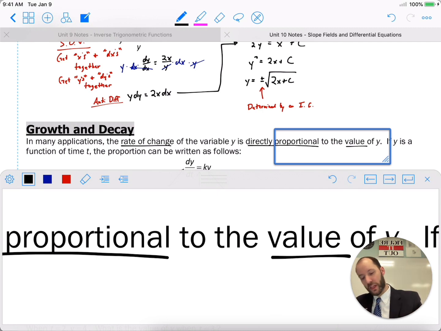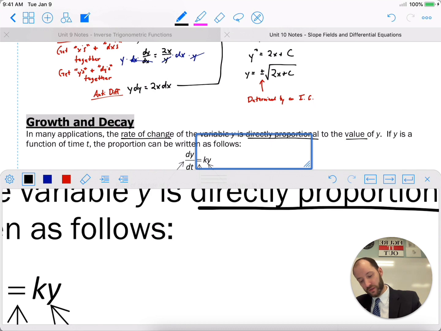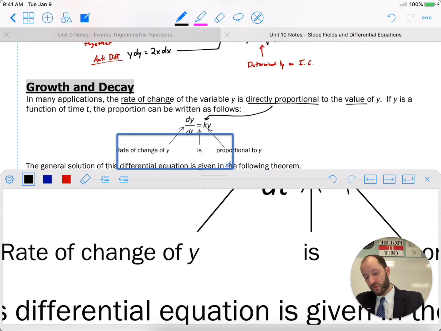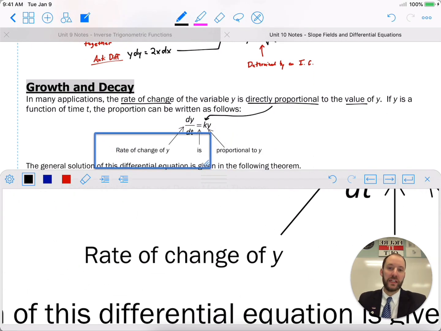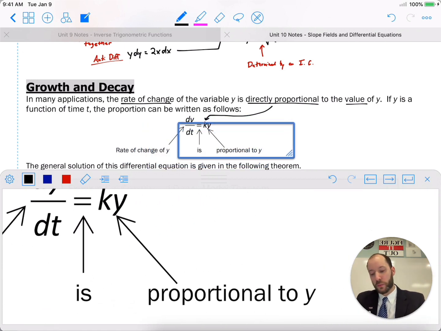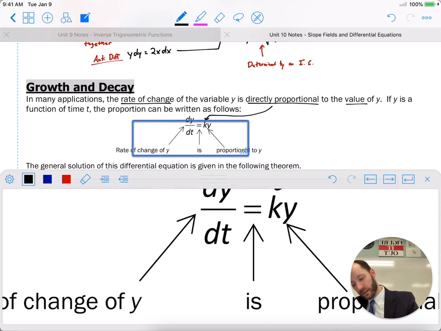So we're looking for that directly proportional right there, the k value. So the rate of change of y, dy/dt, is proportional to y. They're directly proportional, the k value. Now this is dy/dt, a differential equation.